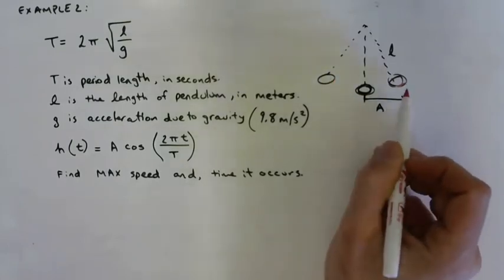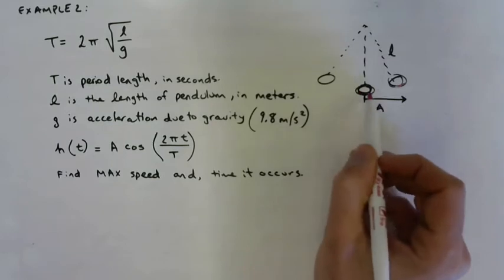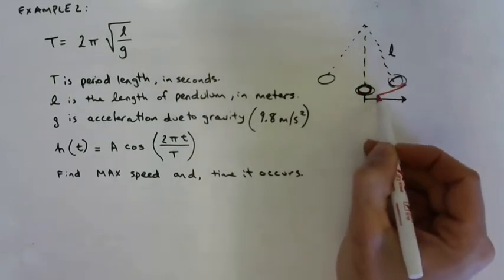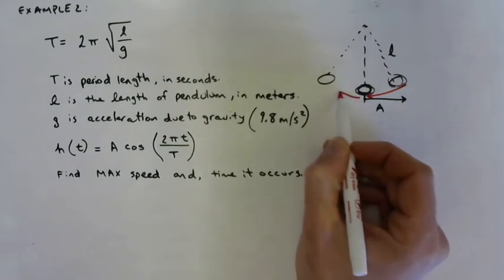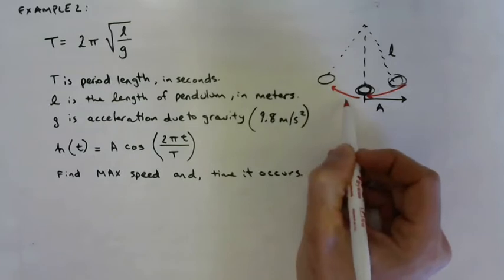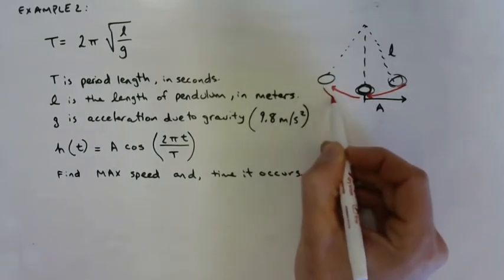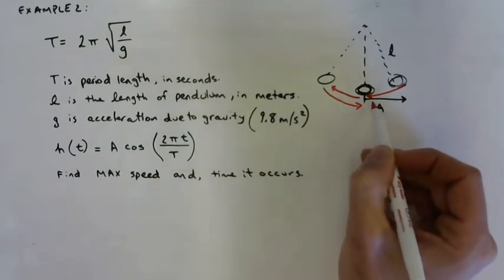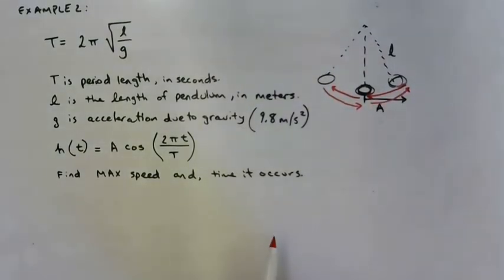Okay, so then if those are our zeros, where is it moving the fastest? It's going to be moving the fastest when it's on its way down, right before it starts moving up again, because now gravity is pulling it back down on this side. So it's going to be slowing down to 0. Then it'll be 0, and it'll be speeding up, speeding up, speeding up, speeding up. And then it'll start slowing down to 0. Yeah, we get that? Okay.